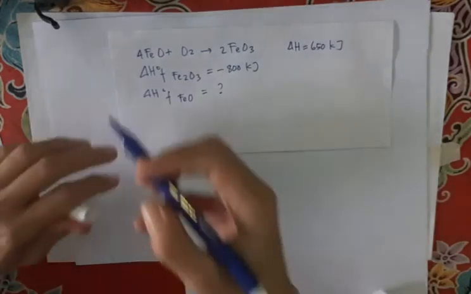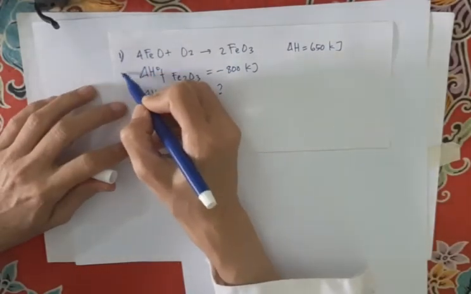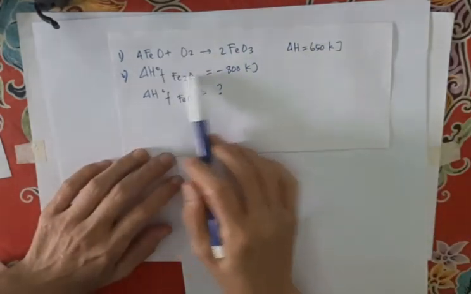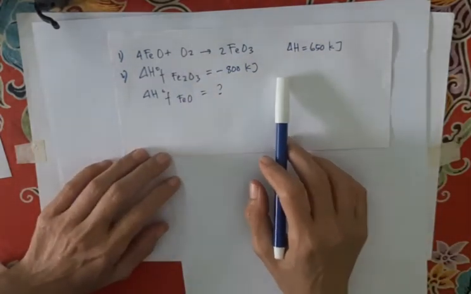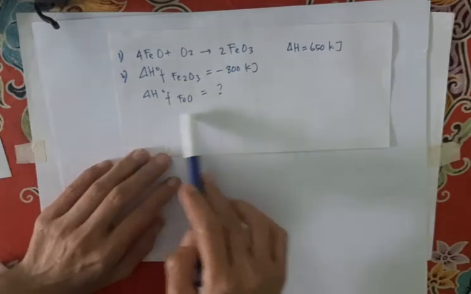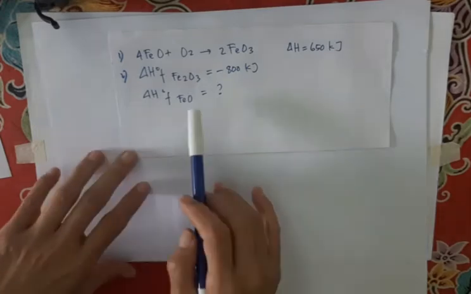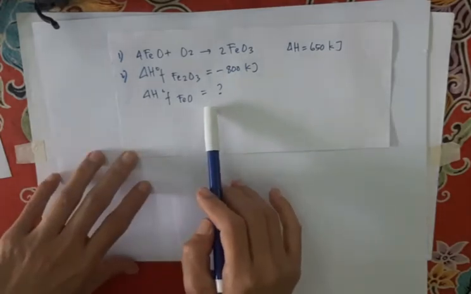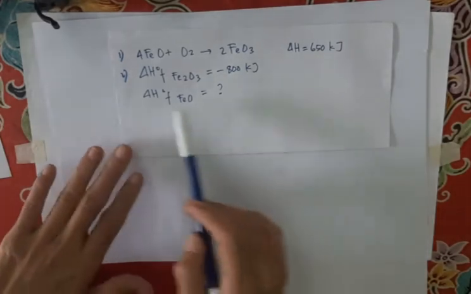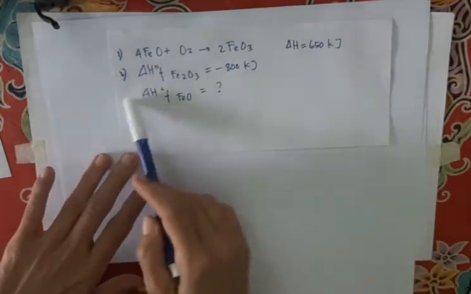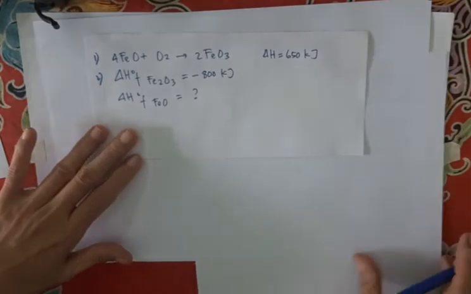We have two thermochemical equations here, and one thermochemical equation with the unknown delta H. So we must have the equation because it's not the complete equation, right?